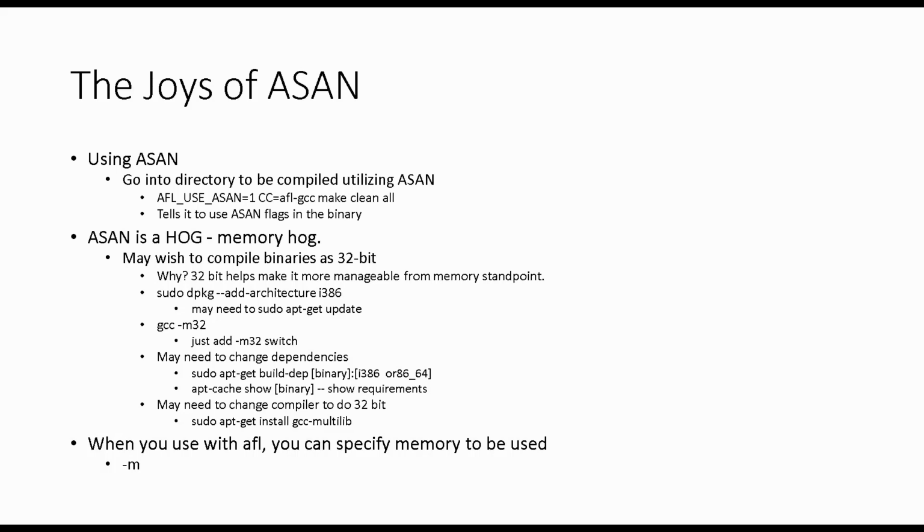It's not 64-bit now. If it's using 64-bit dependencies, that's a problem. So this command, apt-get build-dep, then the binary name, and then colon i386 or x86_64, will go and build the dependencies for us. It'll go out there and try to capture all those dependencies for us. We can also do apt-cache show with the binary name, and it'll show us the requirements for the dependencies.